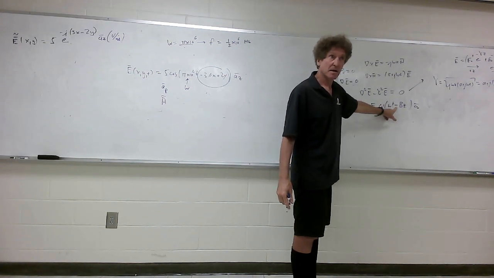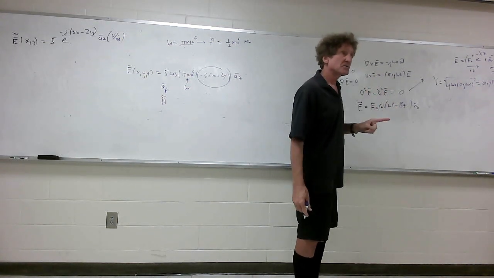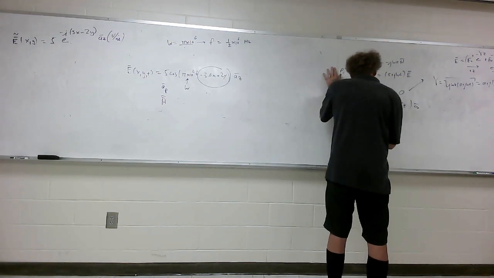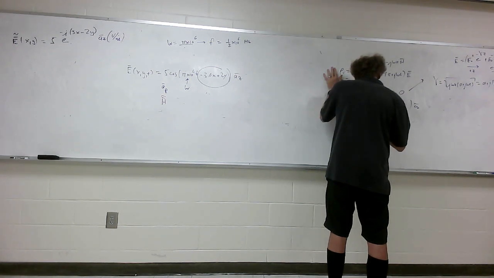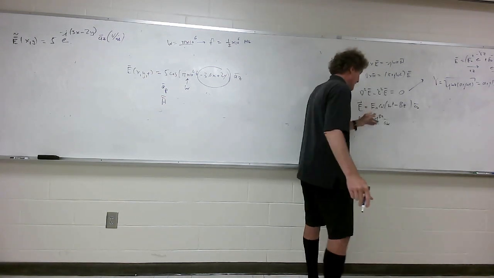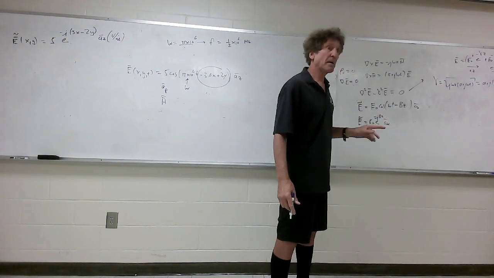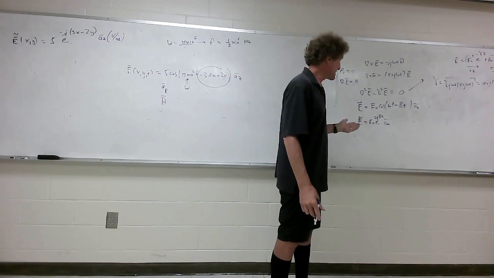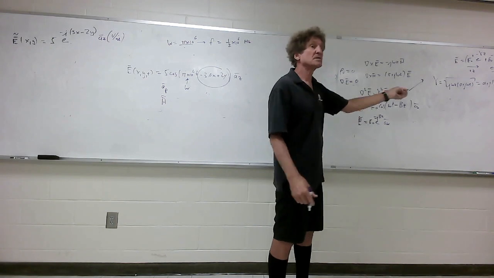Everybody? Now, here's what you have to notice. This would have the phasor form E naught e to the minus j beta z a_x. You'll notice there's a minus j beta times z. And because it's minus j beta, it tells me it's moving in a positive z direction.